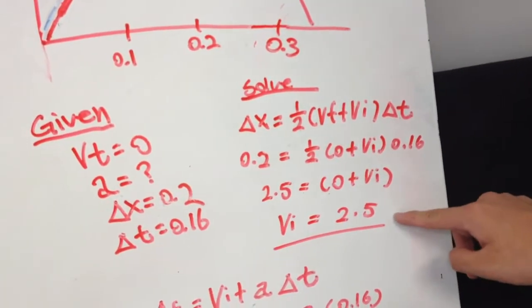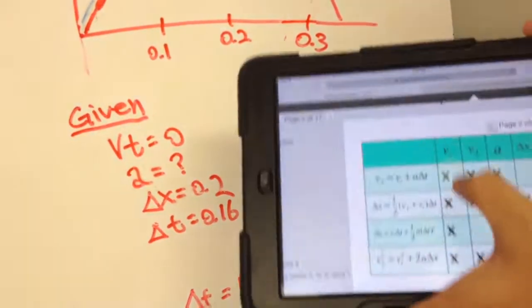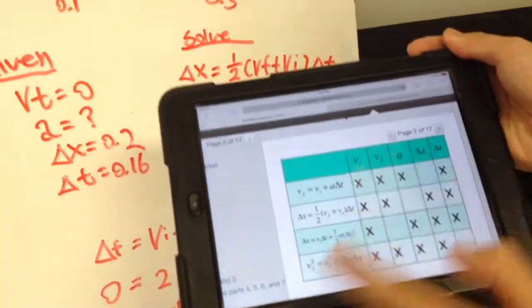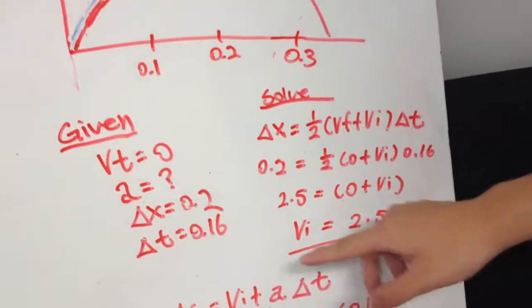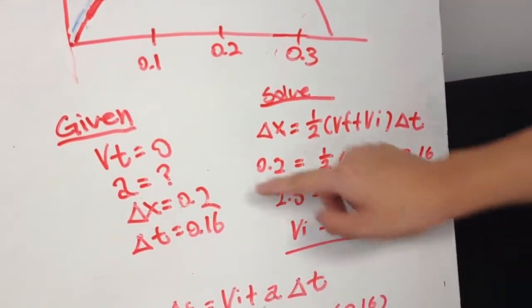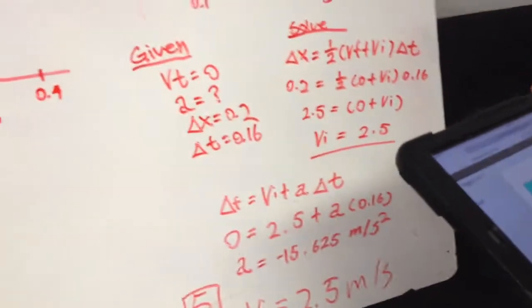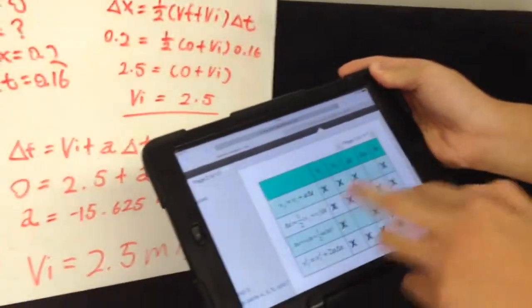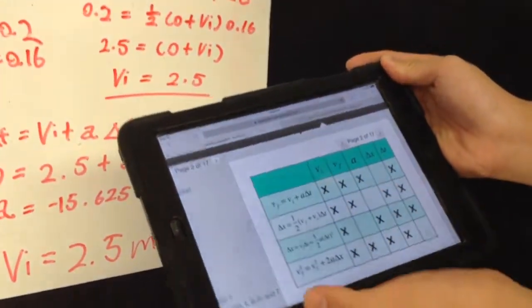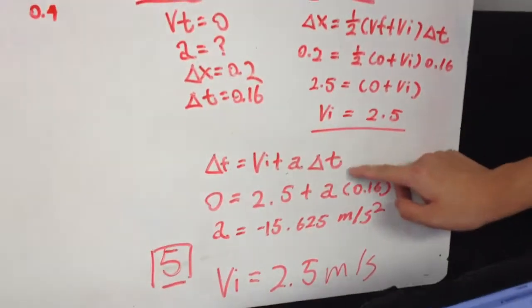This is the final answer we get for vi, but since every equation has a vi, we need to take it further. After we solve for the vi, we just ignore any one of them, and then find the acceleration.